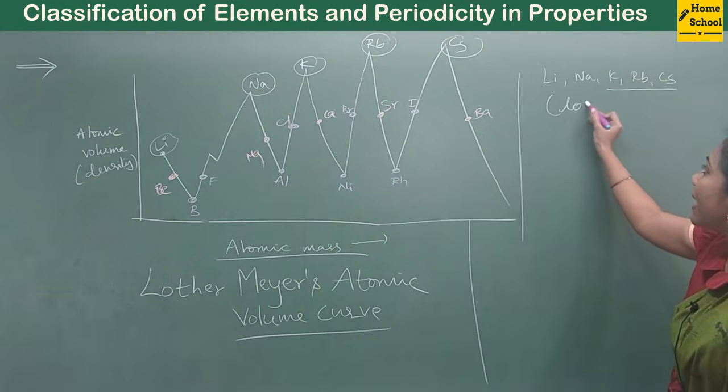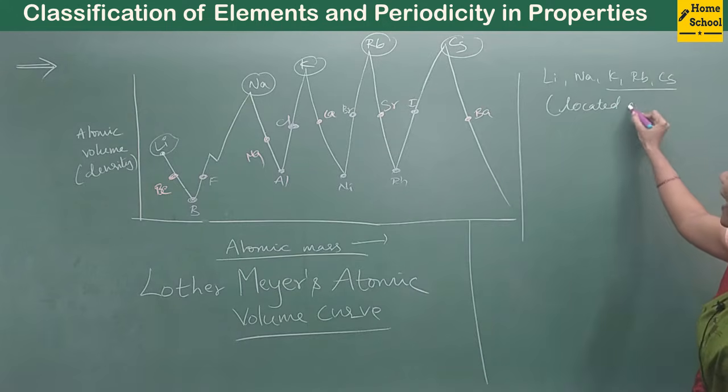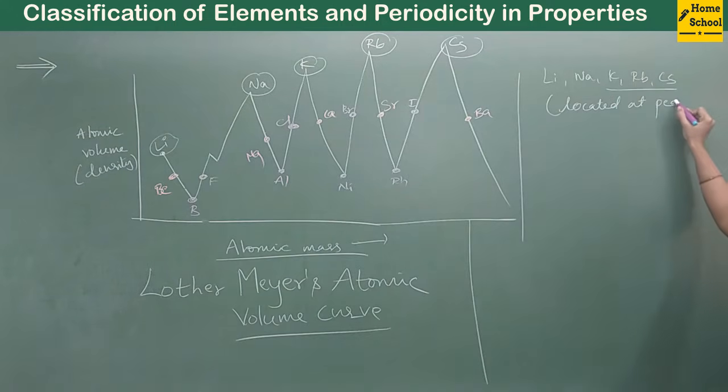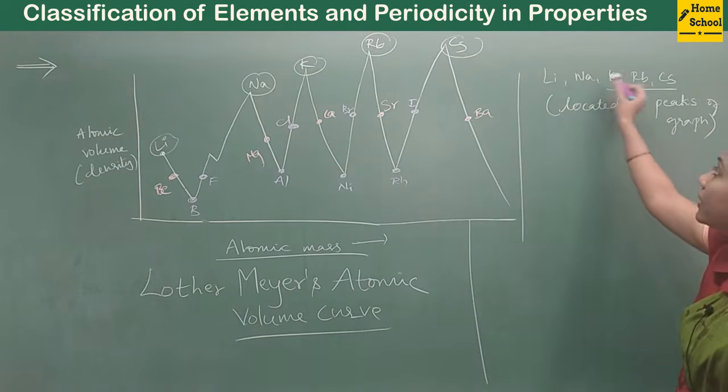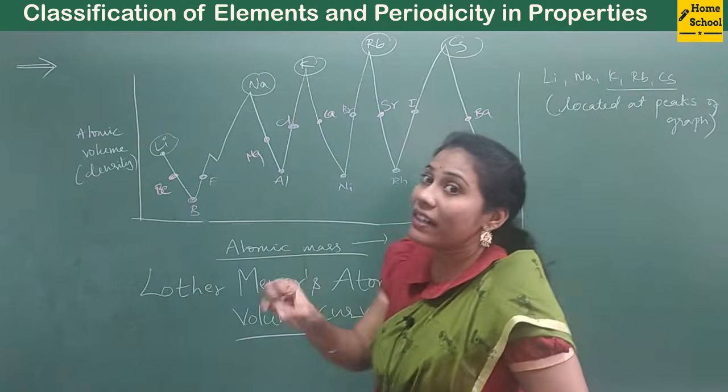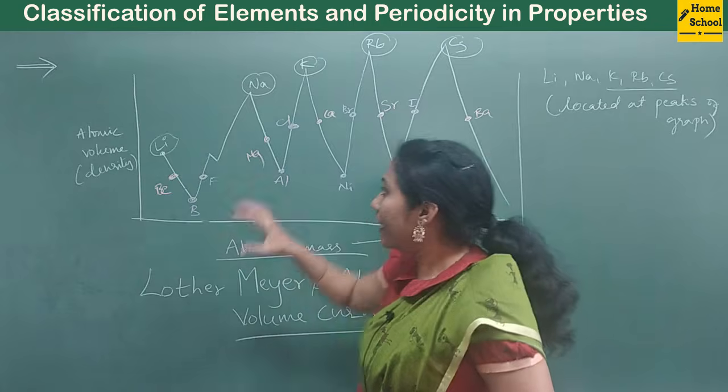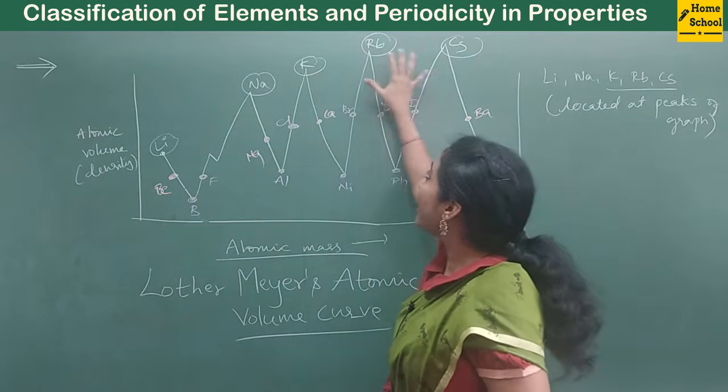So these elements are actually located at the peaks of a graph or a curve, right? So that means all these elements must have had the same properties. That's why all of them occupy peaks.